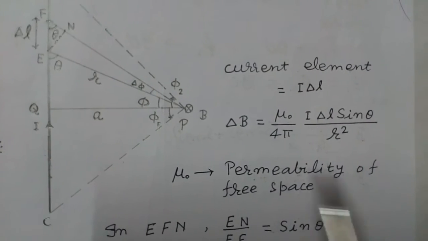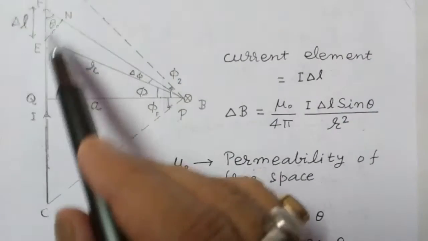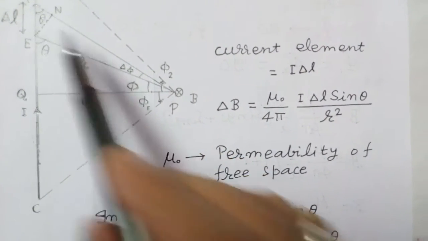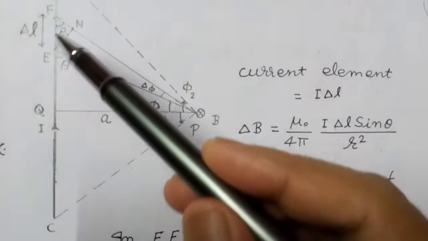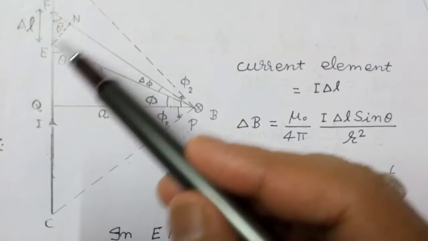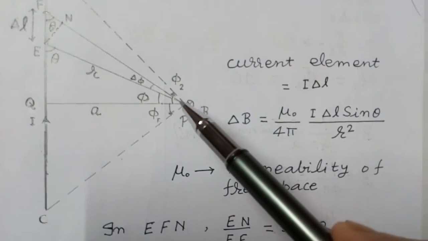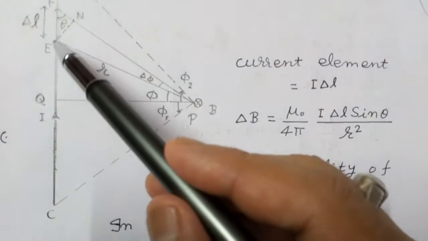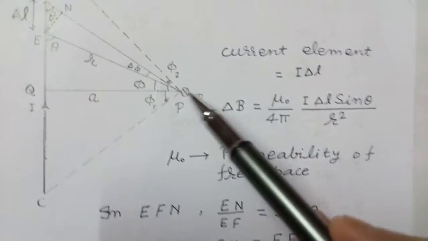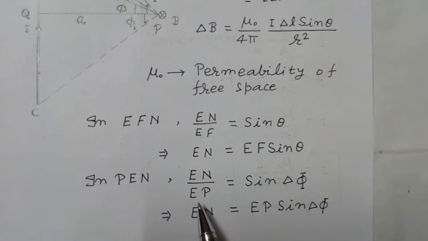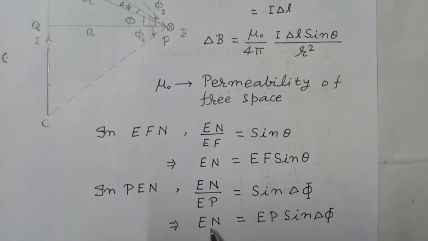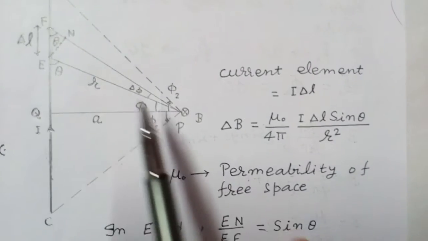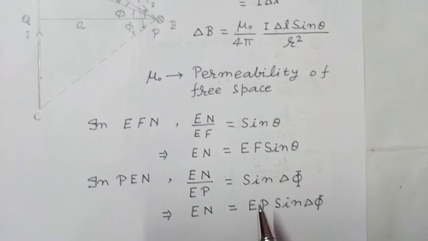Now take triangle PEN, its angle N is 90 degrees. So by trigonometry, EN upon EP is equal to sin delta phi, because this is the perpendicular and this is the hypotenuse. So EN is equal to EP sin delta phi.